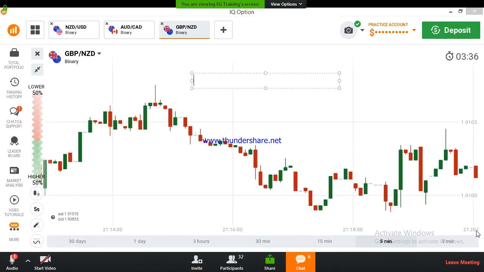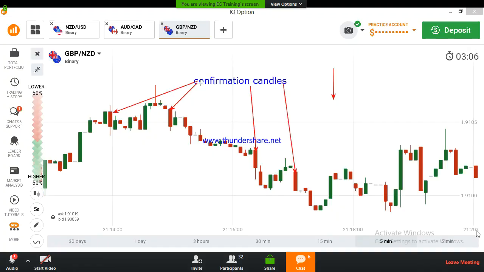These are the confirmation candles. You can take these candles as a confirmation candle. If you want to place a lower option, you can take this candle as a confirmation, and this candle, and this candle too, and this one.